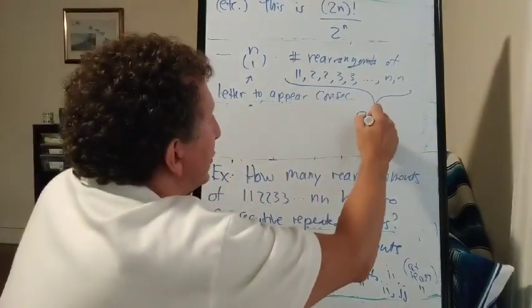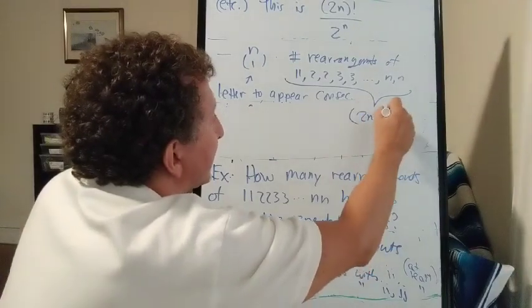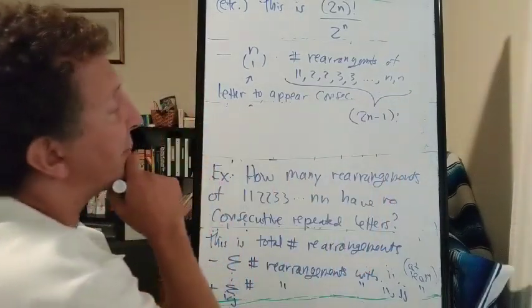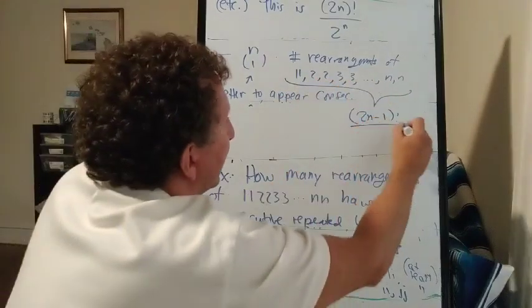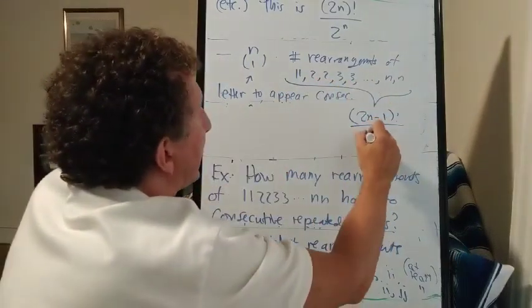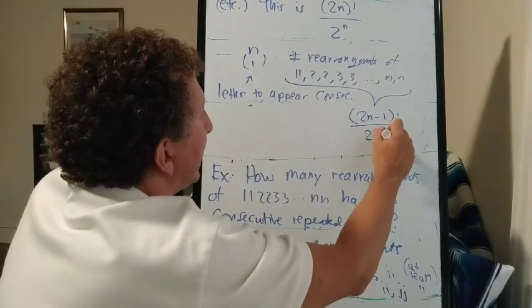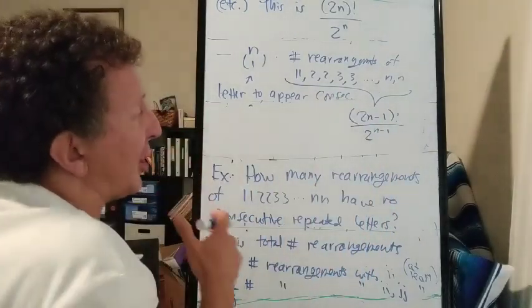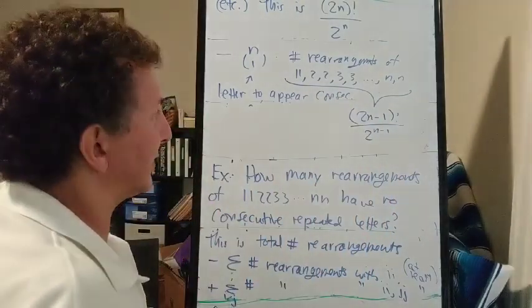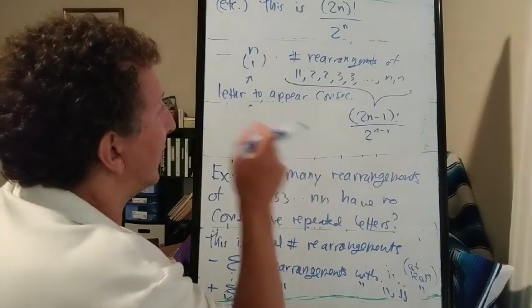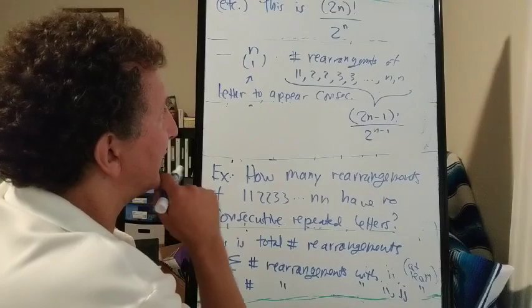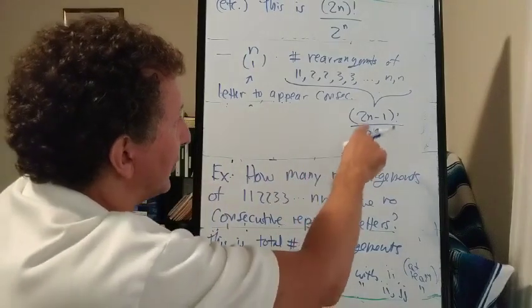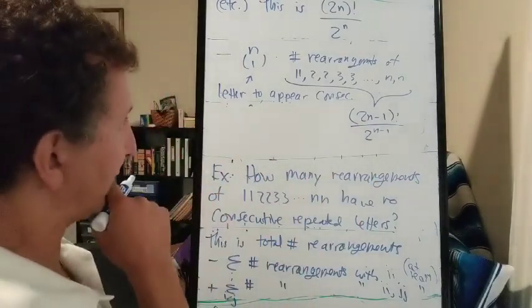So there's going to be 2n minus 1 letters to permute, and then we'd be overcounting because of the 2 2s, 2 3s, etc. So there is n minus 1 letters that aren't necessarily appearing consecutively, that we could swap and not get different words. So there's 2 to the n minus 1 corrections we have to make there.